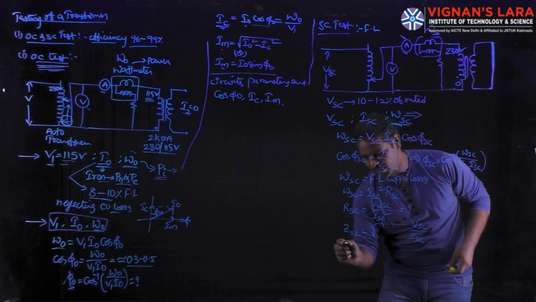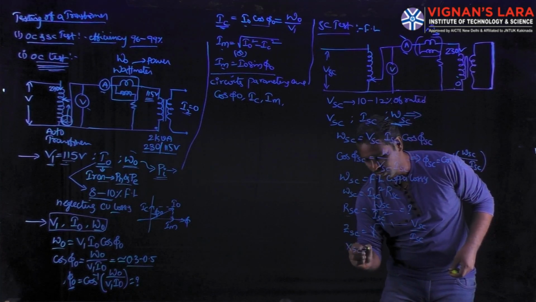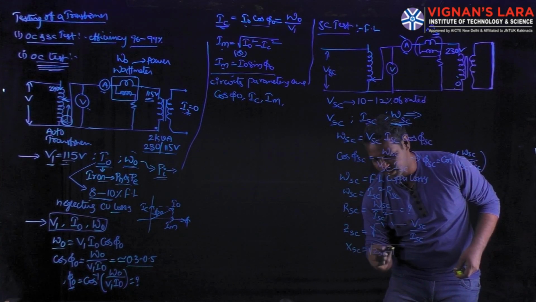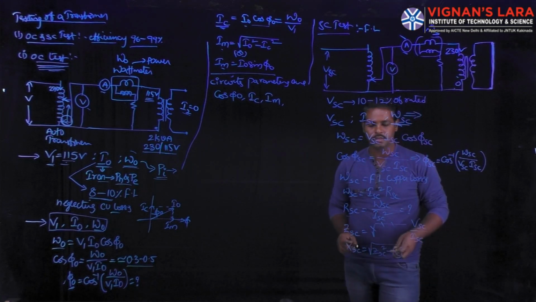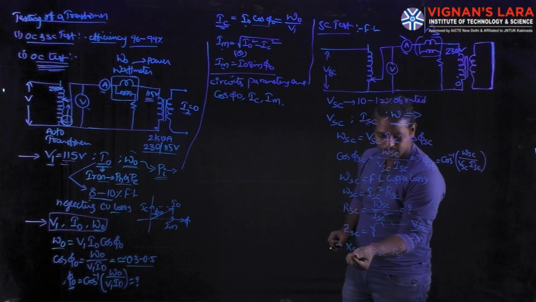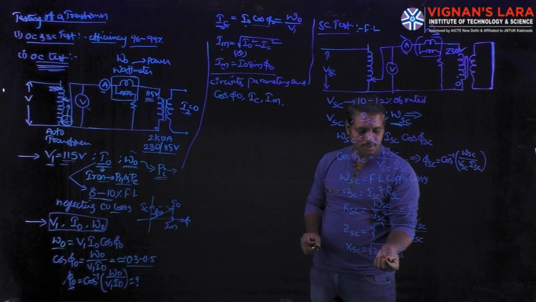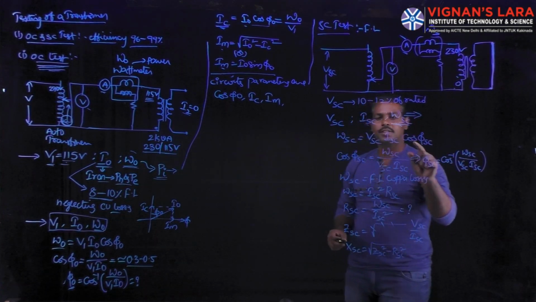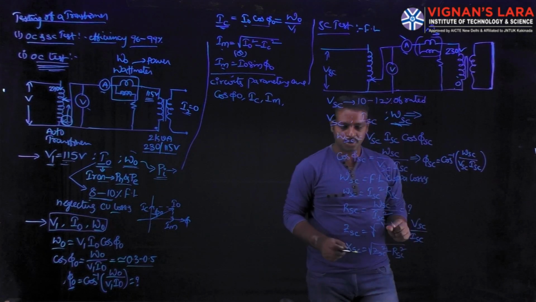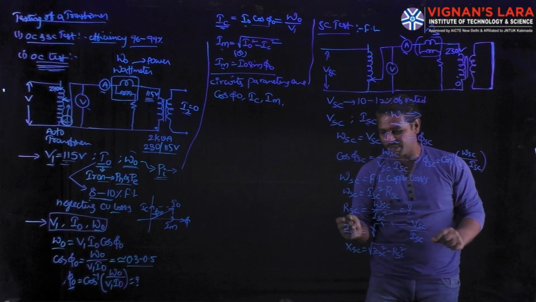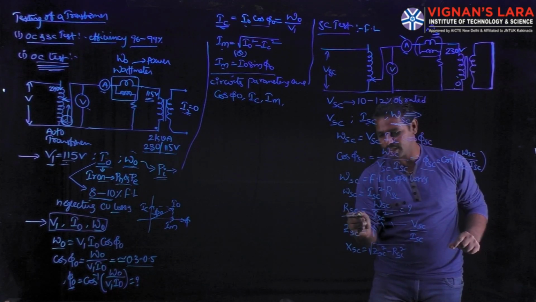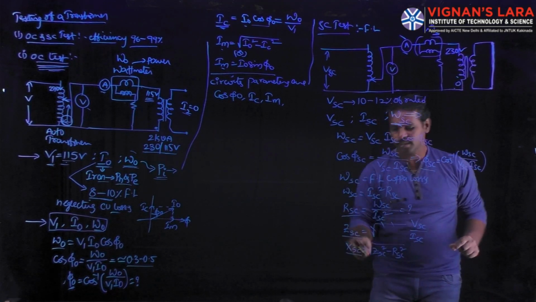So XSC is equal to square root of ZSC square minus RSC square. So from this short circuit test, we are always calculating these parameters: cos phi SC, RSC, ZSC and XSC.